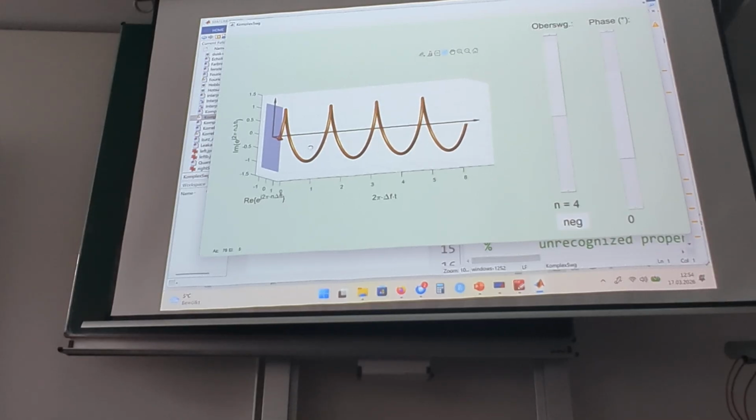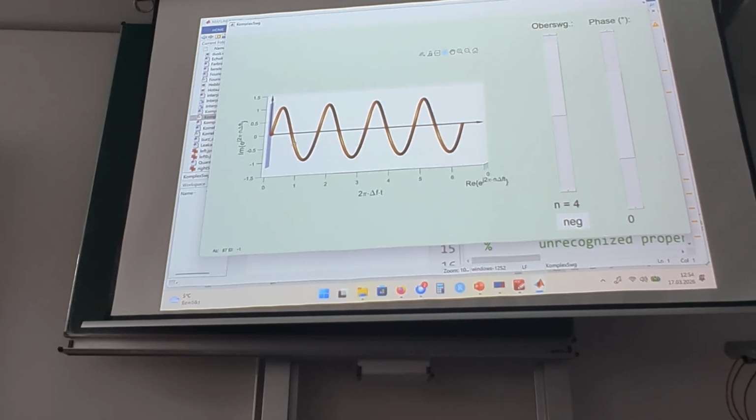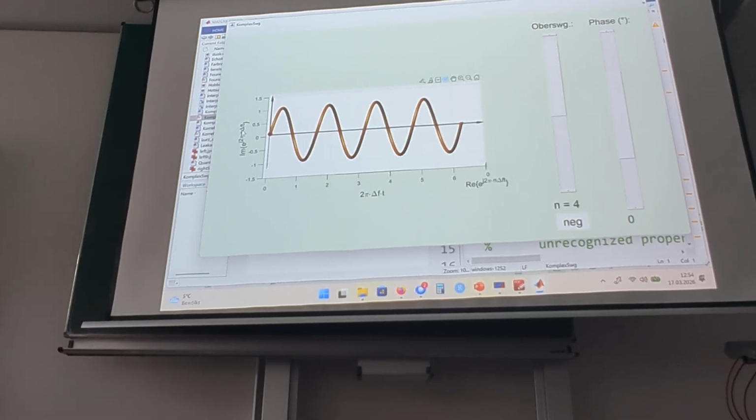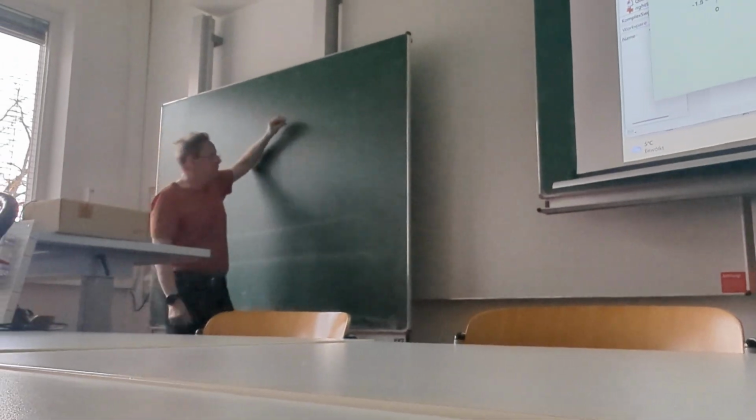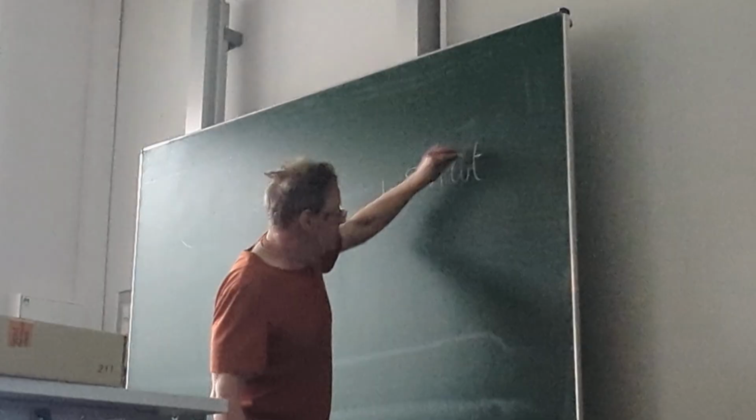Let's turn it around. What we can see is the long axis to the right, that's time again, and on the vertical axis we have now only the imaginary part, and this looks exactly like a sine. That means, and we could write it down, this function e to the power of j omega t contains an imaginary part, which always has a factor j, and a sine of omega t.